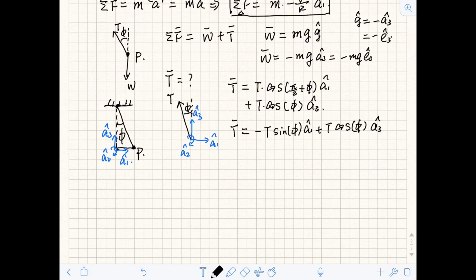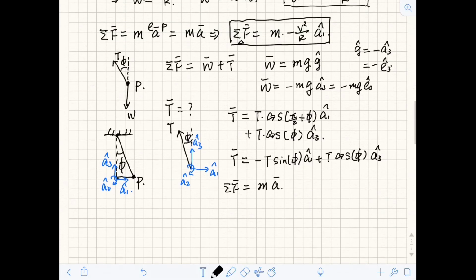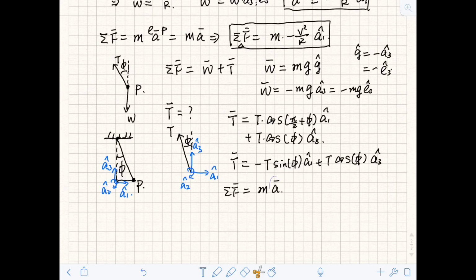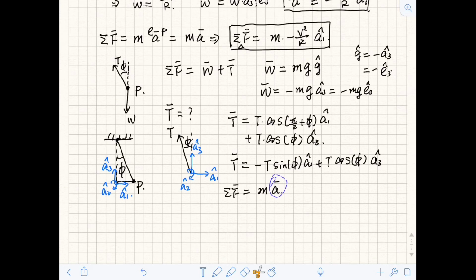And let's find the sum of the forces and use Newton's second law. Again, let's look at the acceleration, a bar. We know the a bar is expressed in the A frame. And we have the sum of the forces. It has two components, W bar and T bar.